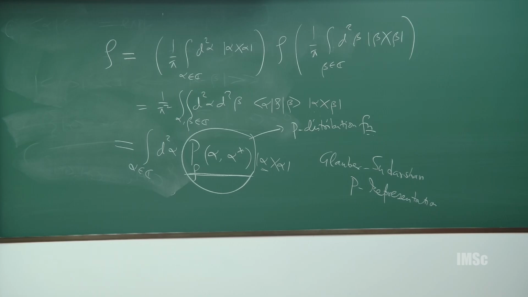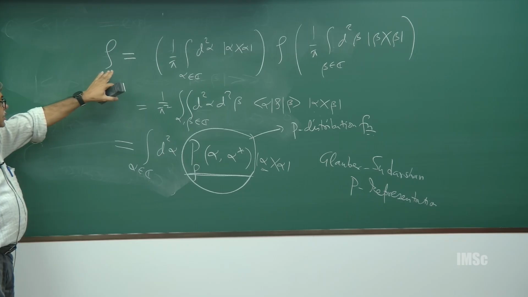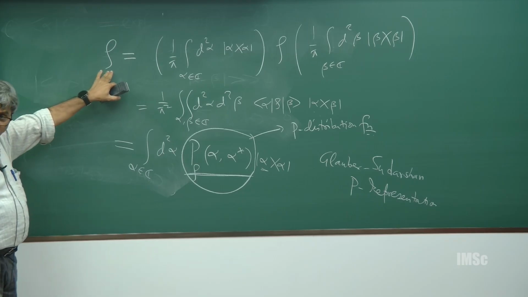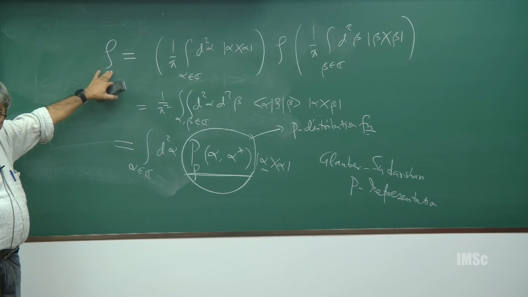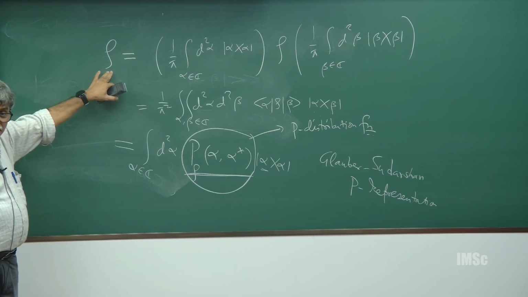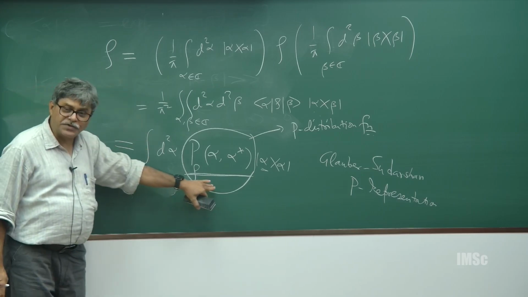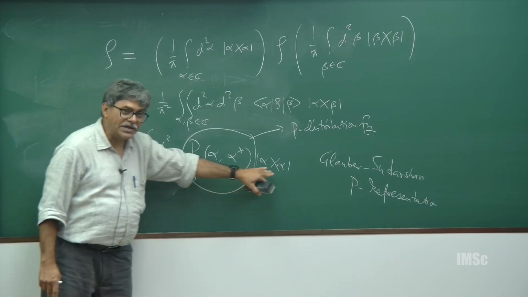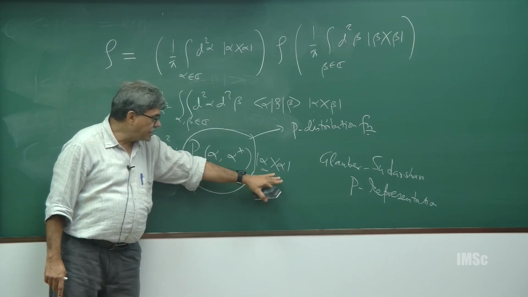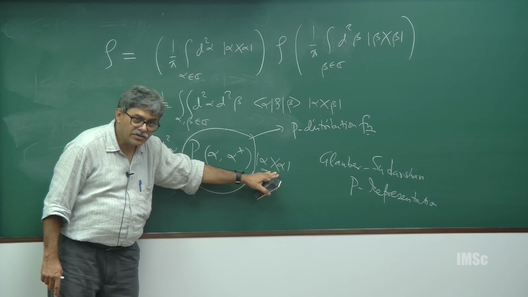So any state of your quantized radiation field can be written as a linear superposition of projections on coherent states, and these are classical like states, right.